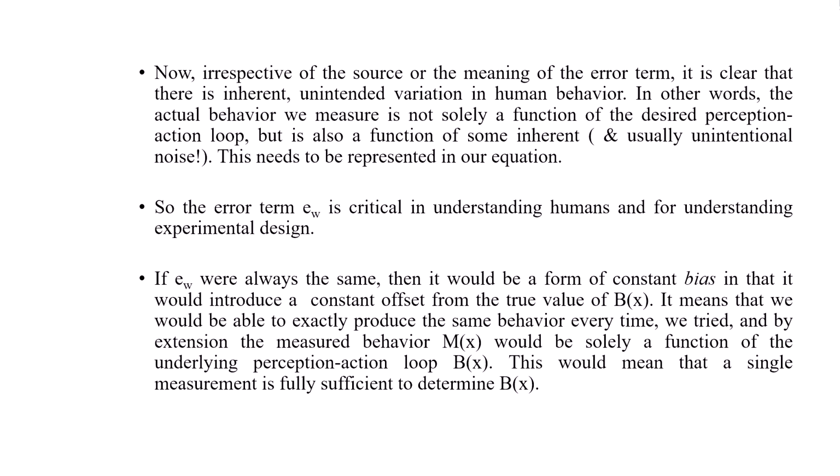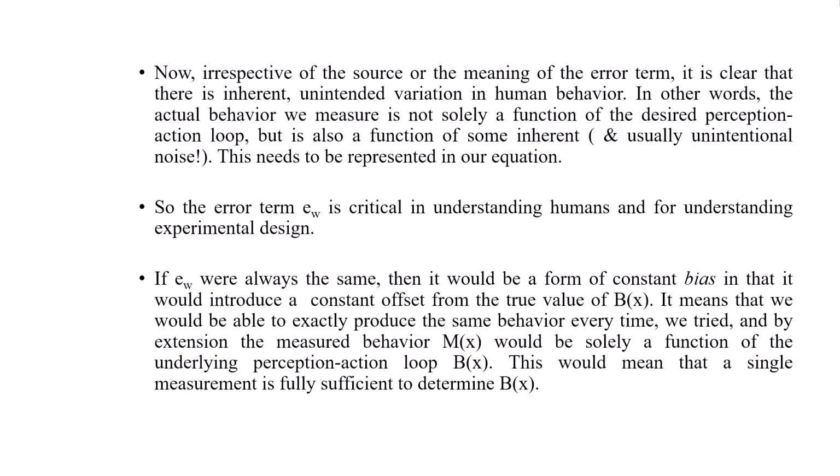If error were always the same, if this error term were a constant, let us say we know that every time you make somebody do this, there will be an error term of, let us say, 5%, that would always produce a constant offset from the true value of b of x, the mental phenomenon we are talking about, and it would mean that we would be able to exactly produce the same behavior every time.